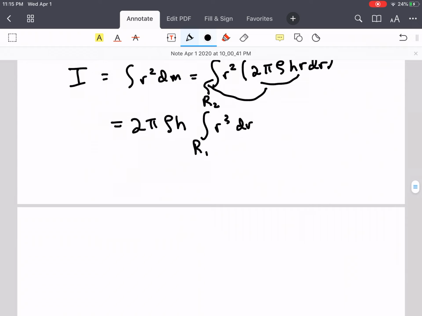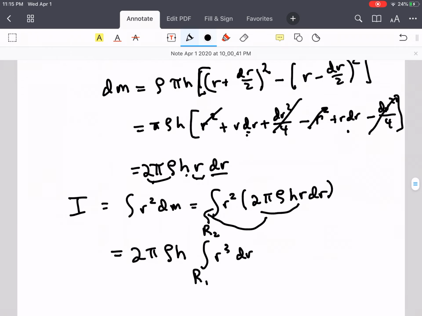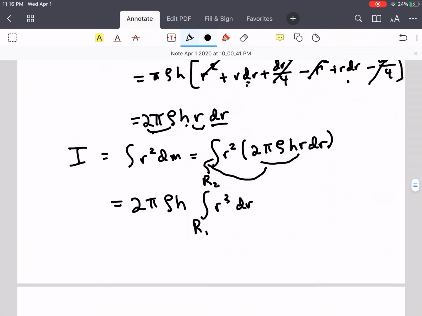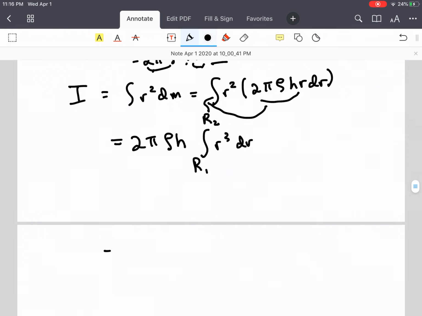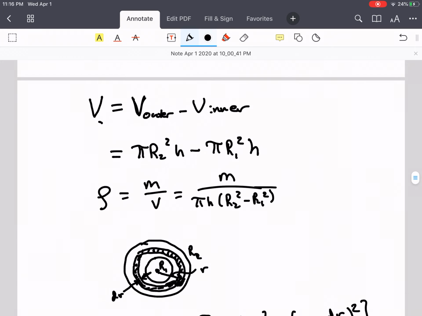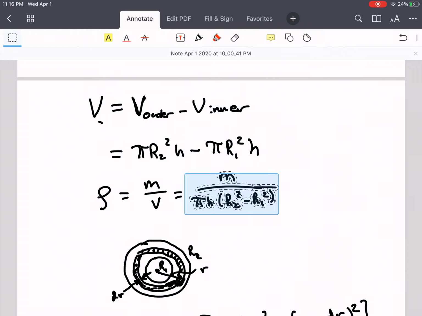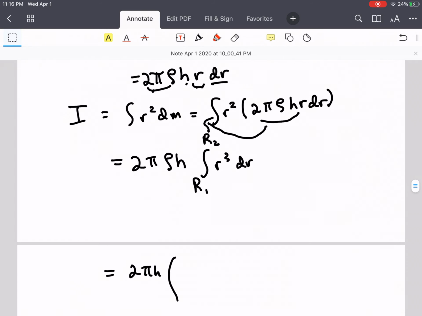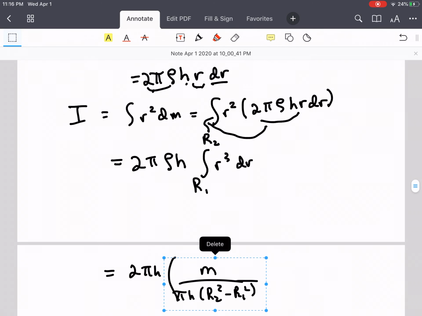So again, this is a pretty straightforward integral to do. This is now just algebra and calculus that you know how to do. So let's go ahead and plug this in. So I have 2 pi h. Let's go ahead and plug in rho. We know that rho is m over pi h times r2 squared minus r1 squared. I'm lazy. What can I say?